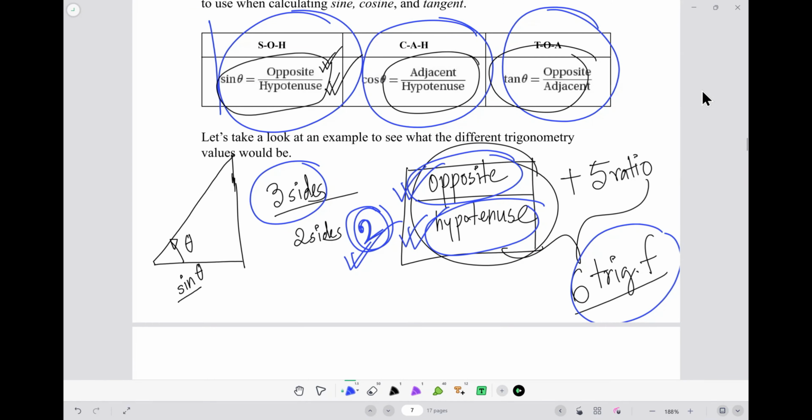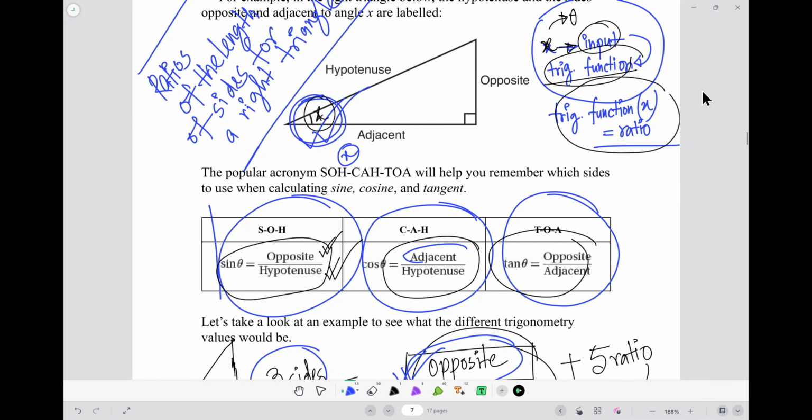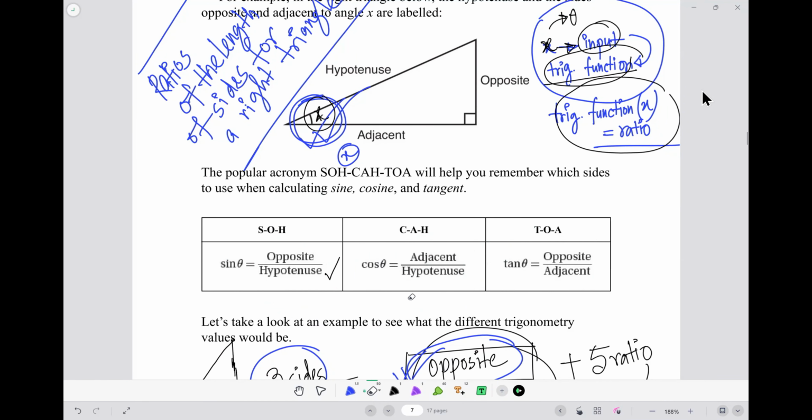We can take the adjacent side divided by the hypotenuse side, and we can also take the hypotenuse side divided by the adjacent side.